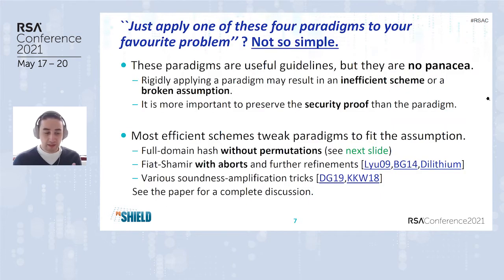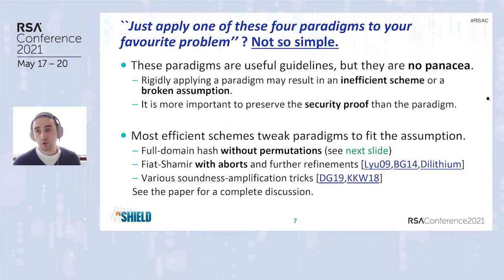So by looking at that, one might think, okay, then it's really simple to design post-quantum cryptography. You just take one of these four paradigms and you apply them to your favorite problem. But unfortunately, it's not so simple. The reason is that if we try to replicate previous constructions, experience has shown that you can end up with either an inefficient scheme, a broken assumption, or both.